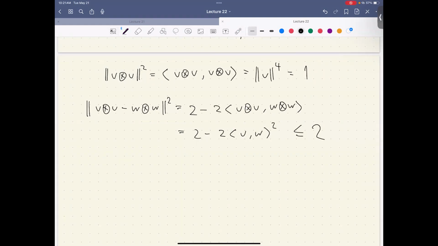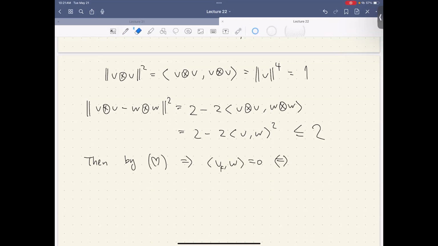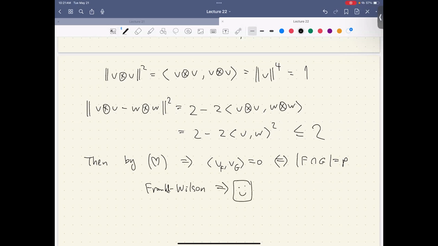Then we get that the inner product is 0 if and only if, let's write it in the standard way. Then Frankl-Wilson. Any question?